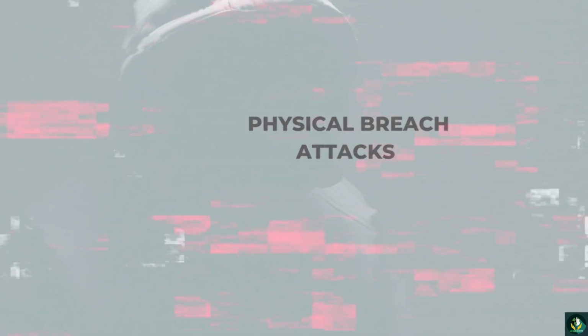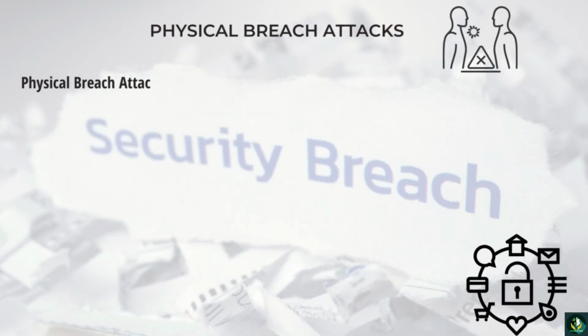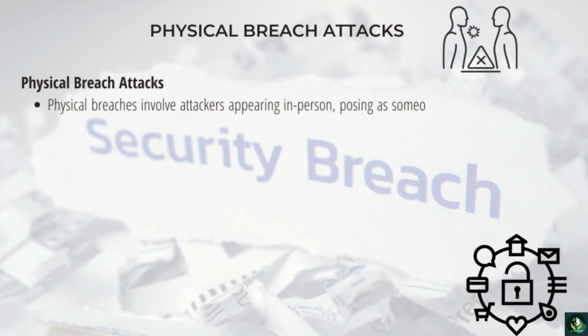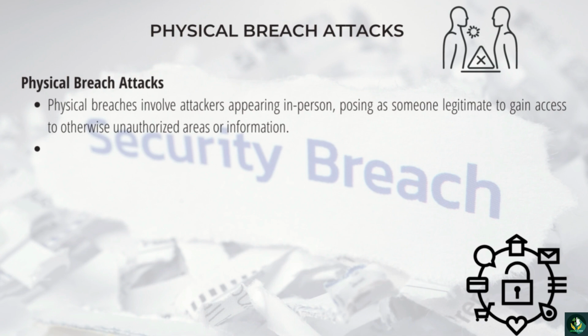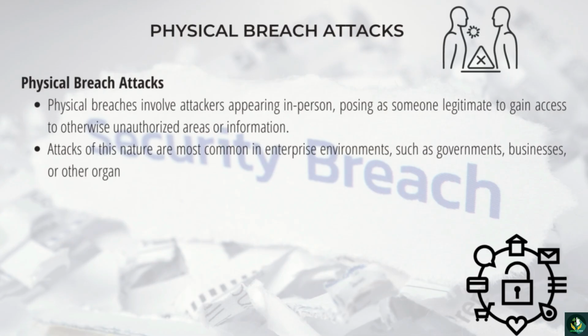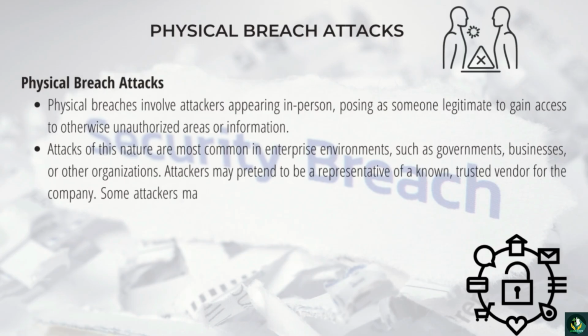Physical breach attacks. Physical breaches involve attackers appearing in person, posing as someone legitimate to gain access to otherwise unauthorized areas or information. Attacks of this nature are most common in enterprise environments, such as governments, businesses, or other organizations. Attackers may pretend to be a representative of a known trusted vendor for the company.